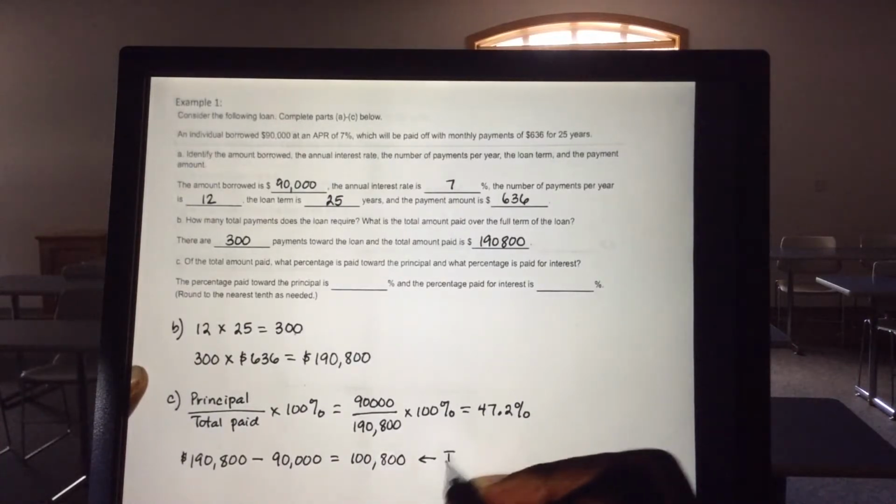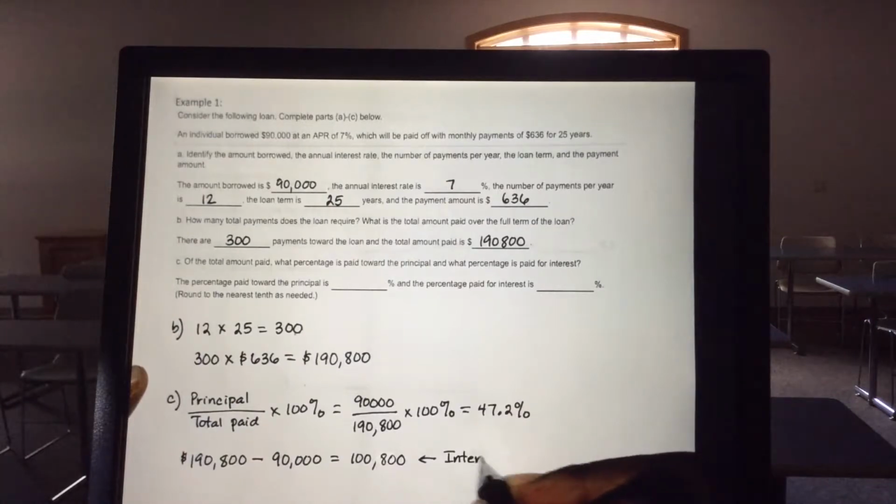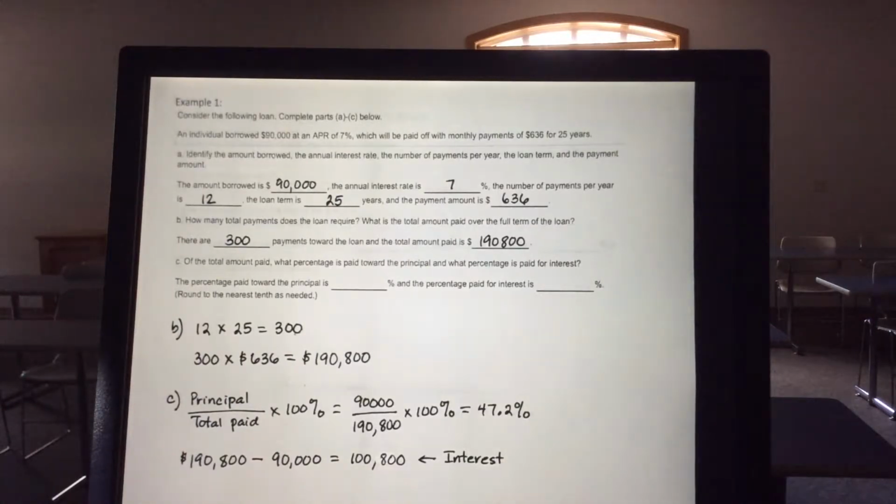That is going to interest. That amount is your interest. And as you can see here, we're paying more on interest than the amount that's being borrowed.